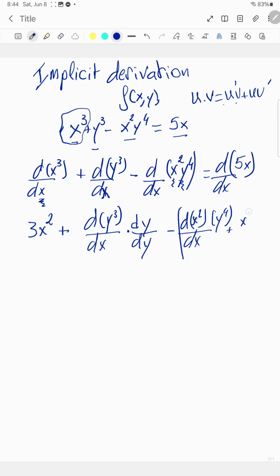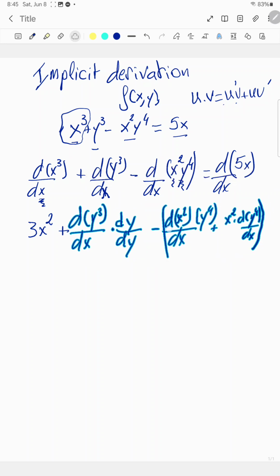The u is x squared times d of y to the power of 4 divided by dx. Let's write it in a better way: d of y to the power of 4 divided by dx, and I close my parentheses.